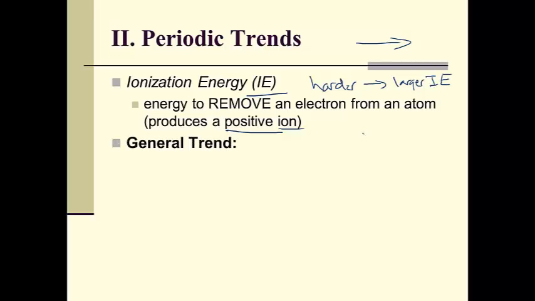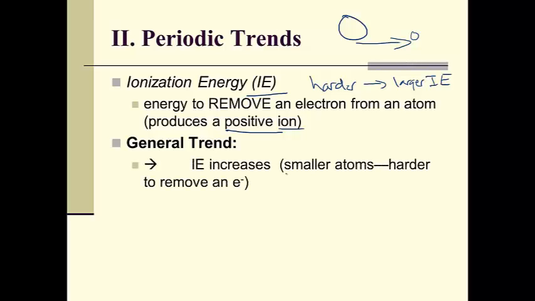Okay, and the general trend as we move left to right, don't forget, we got big atoms and we got small atoms on this side. So which one is it harder to remove the electrons from, the big or the small? Well, the smaller atoms are harder to remove an electron from.